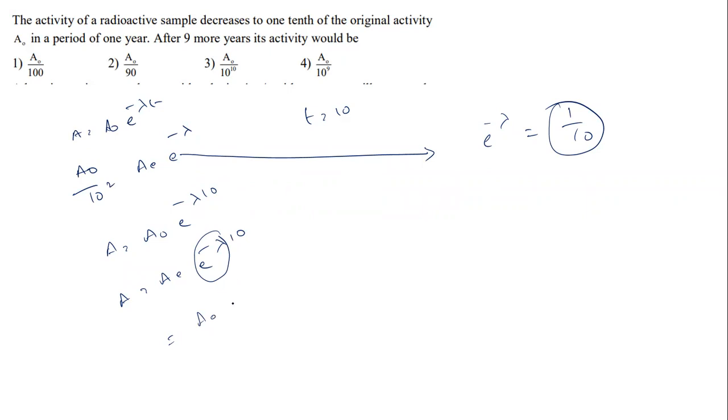So what do you get? You will get 10 power 10 minus. So A is equal to A naught by 10 power 10. So option 3 is correct.